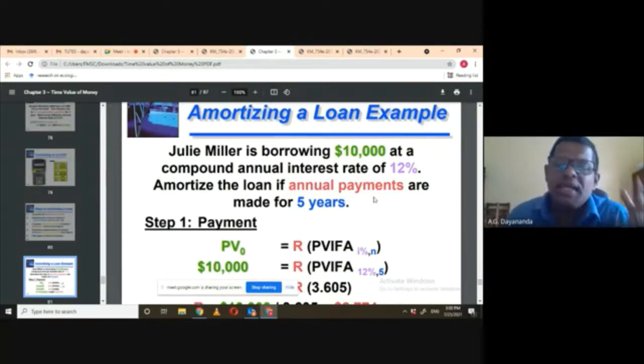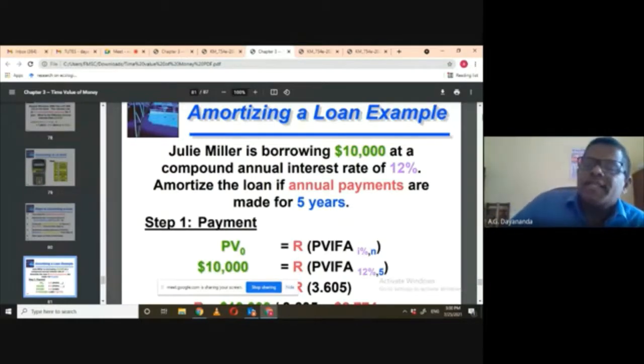Then you have to tell the customer what the installment would be. That's called amortizing a loan, and that's the meaning of amortization. So there we are calculating the installment.